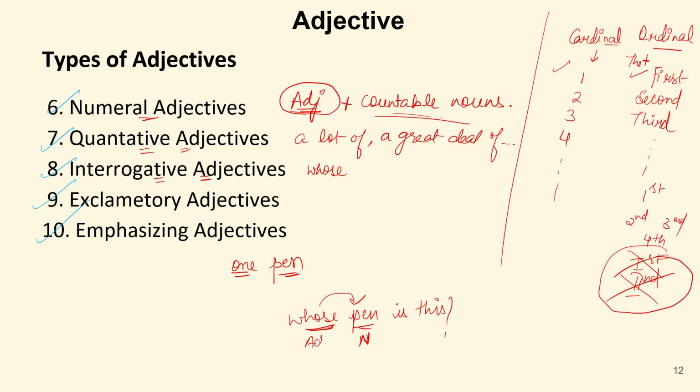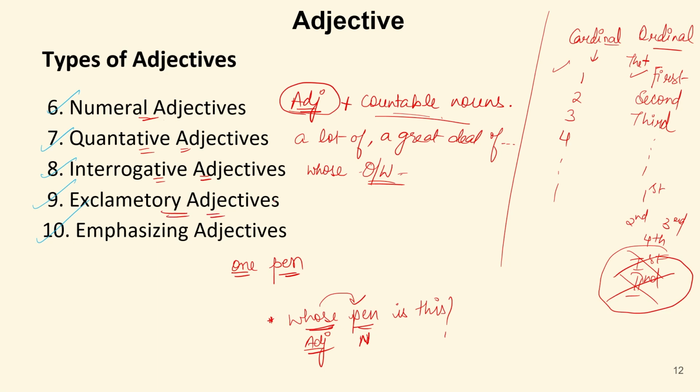So this word whose is an adjective over here. Which boy is happy among these? So, which boy? Any word after which we can have a noun to qualify it is known as an interrogative adjective. All the question words, but after them we should have a noun.